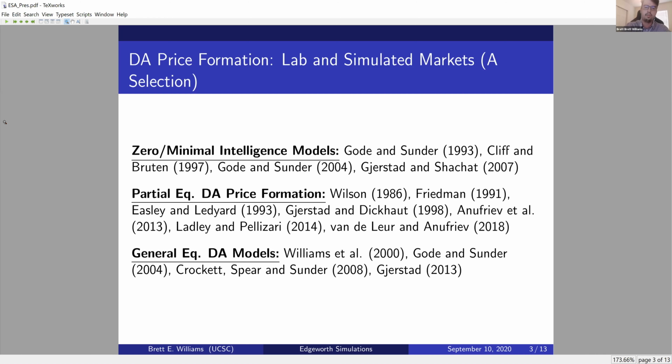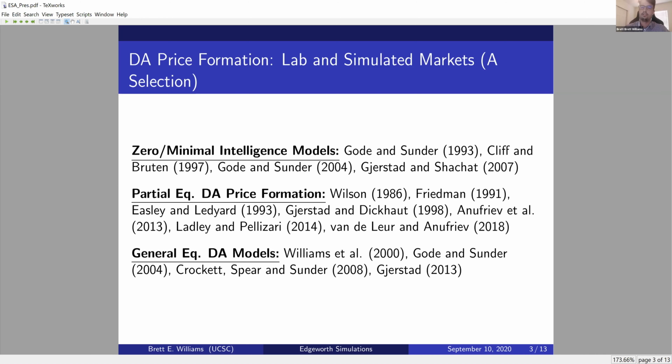The general equilibrium double auction models that I'll refer to, the first and last papers here are actually not models, they're experiments. On the modeling side, there are relatively few that are directly related to the simpler Edgeworth box setting that I'm thinking of. But Gode and Sunder make an attempt at this in 2004. However, they stick to just single unit trading.